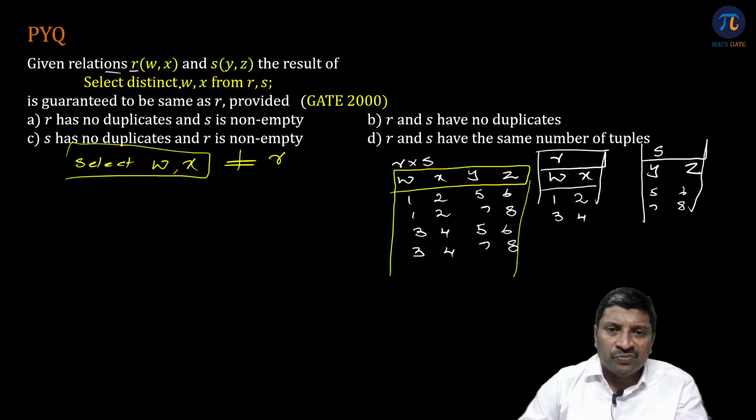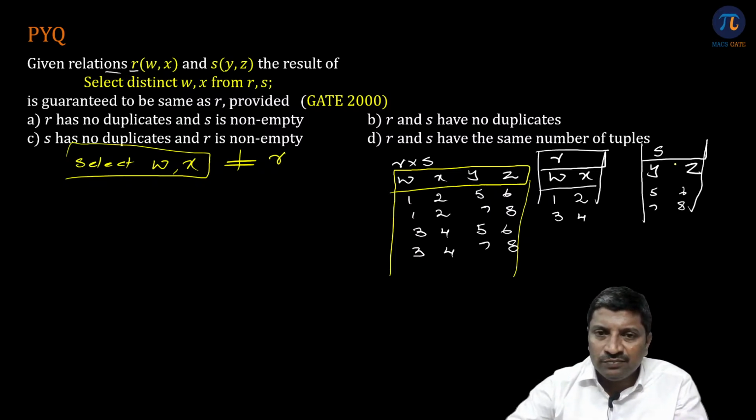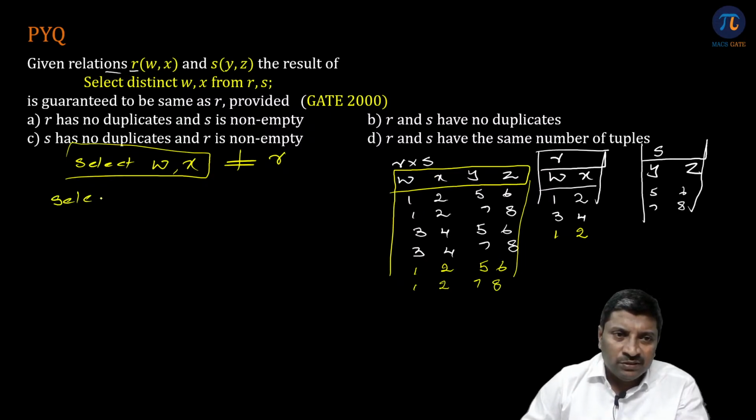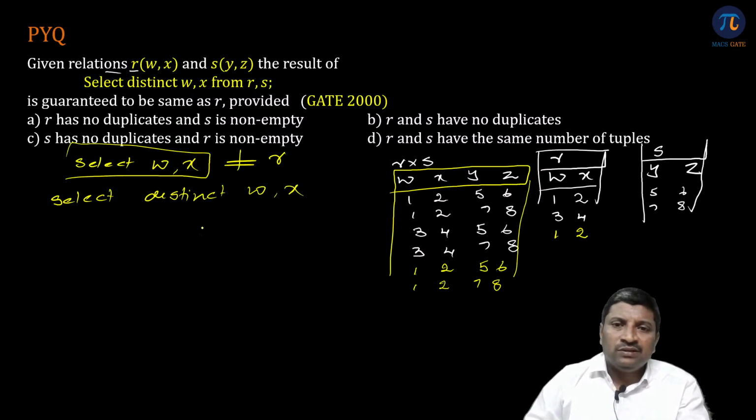Now look at this, sir. Suppose R has duplicates, like 1 2 one more time. Then for this also I write 1 2 5 6, 1 2 7 8. When you apply distinct, that is select distinct W X, then what will happen, sir?